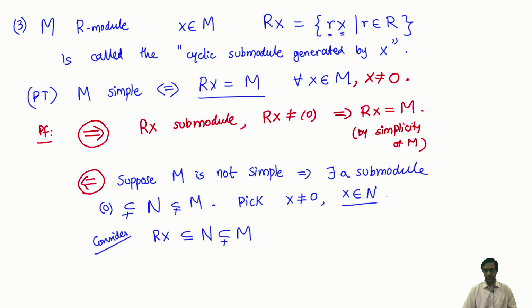N is a strict subset of M. So this means in particular that the cyclic submodule Rx can't equal M, and that's a contradiction. And that contradiction proves what we want.